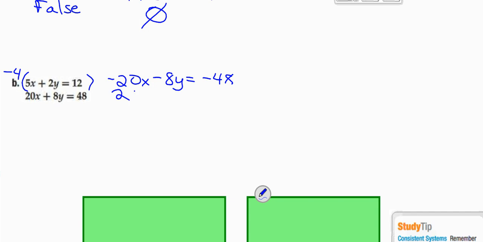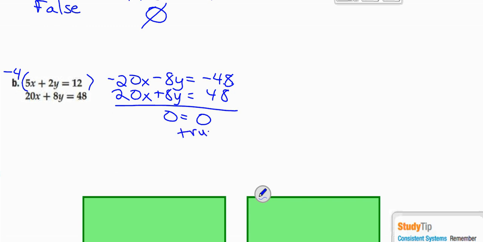And our other equation, 20x plus 8y equals 48. But now what happens? 0 equals 0. Is that true or false? True. So what does that mean about those equations? They're the same. Now, is it consistent or inconsistent? Consistent. And they are dependent.